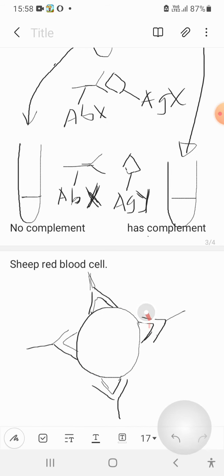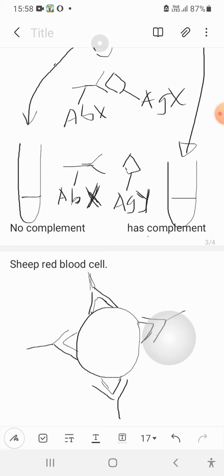And we remember what we call the MAC, membrane attack complex. It attacks the membrane of the red blood cell and they burst open, what is called lysis. So this one forms a red solution, while this one you see the red blood cells. So that is the principle of complement fixation test.